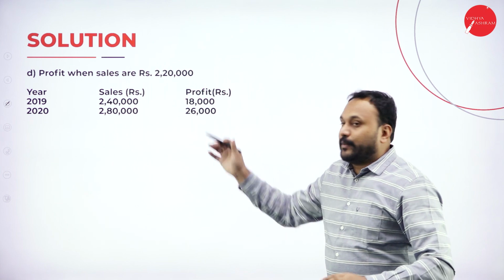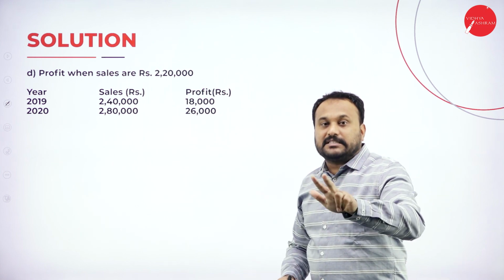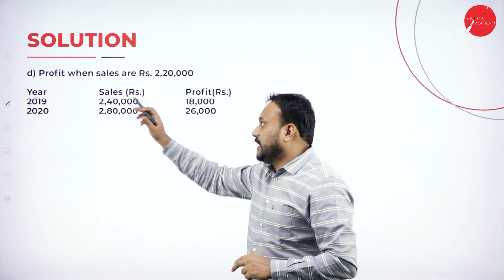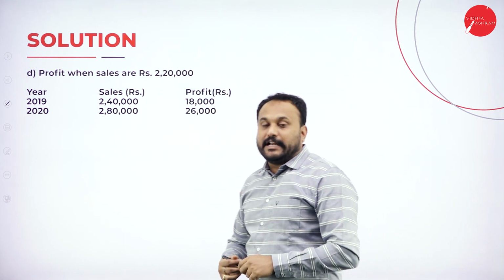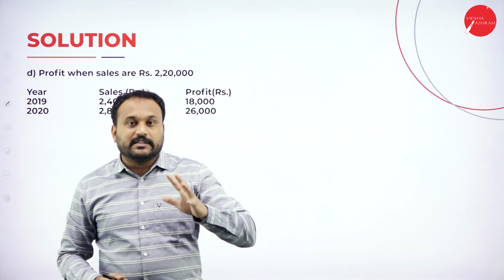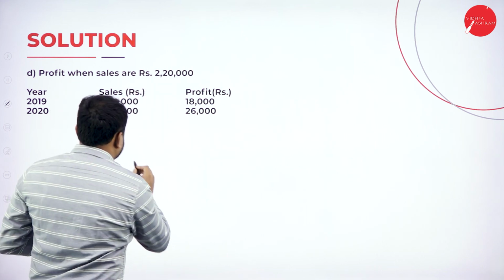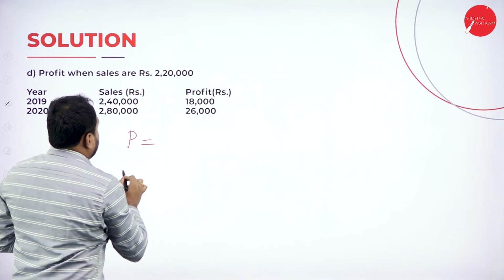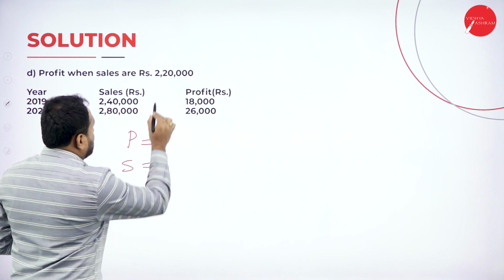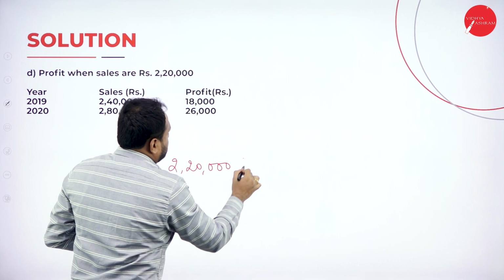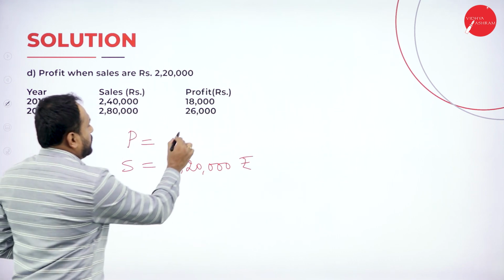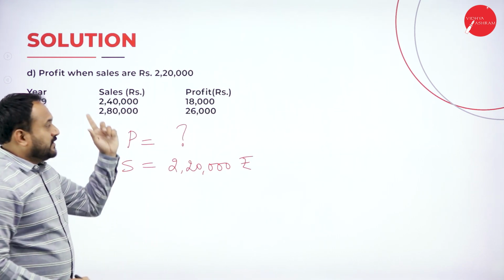Now the D question. We are done with A, B and C. Now we have the question D: profit when sales are 2,20,000. Now how to go with this? They are asking me the profit when sales are 2,20,000 rupees. Now understand this question.